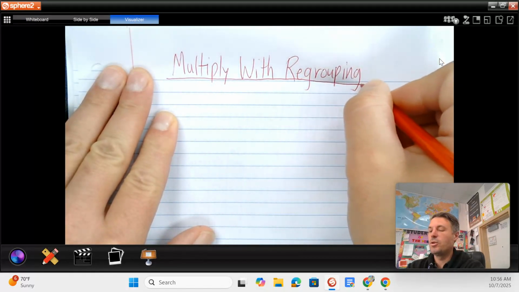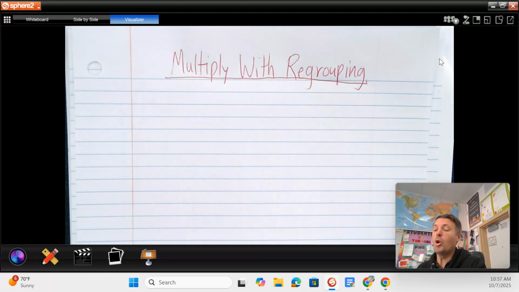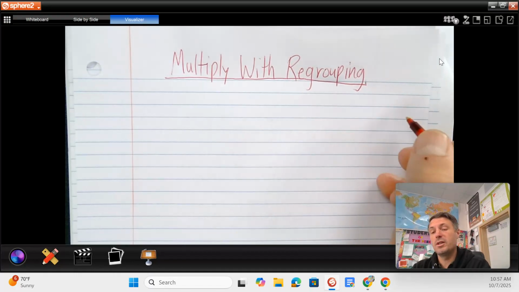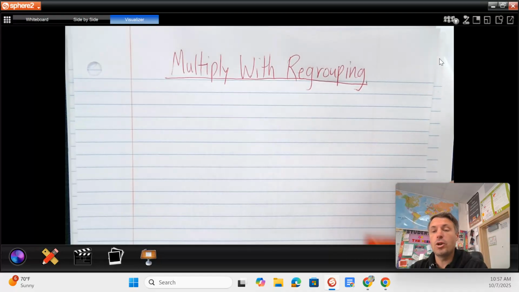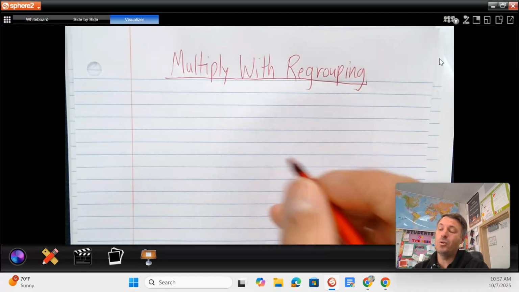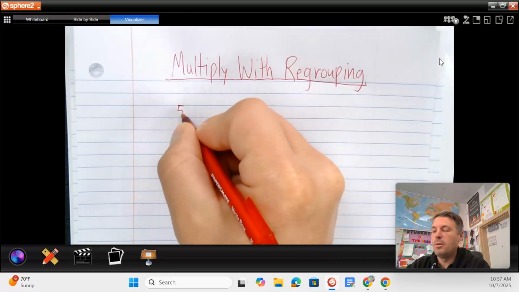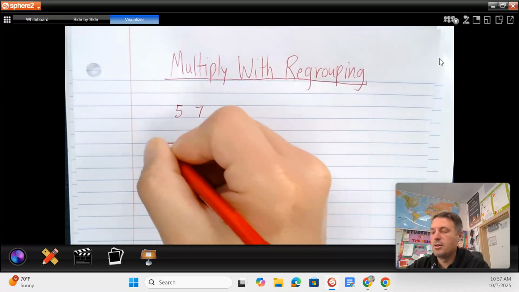It's just we're focused specifically on the regrouping part. So we've already been doing multiplication problems, and we've already been regrouping. The purpose of today's math lesson is just to make sure everyone knows exactly how to do that. So let's say we had the problem 57 times 6.